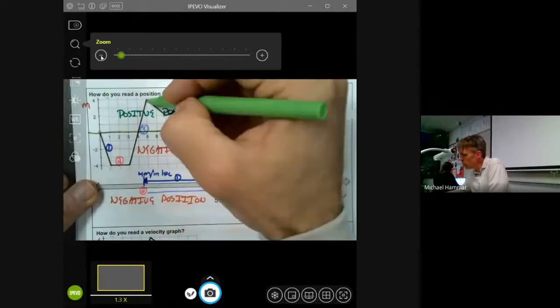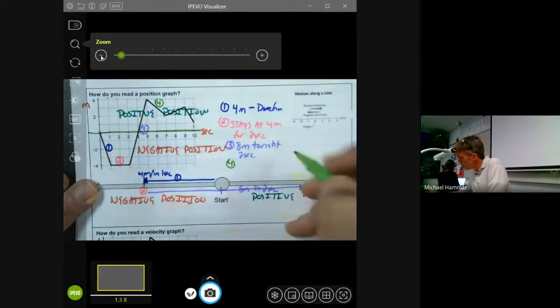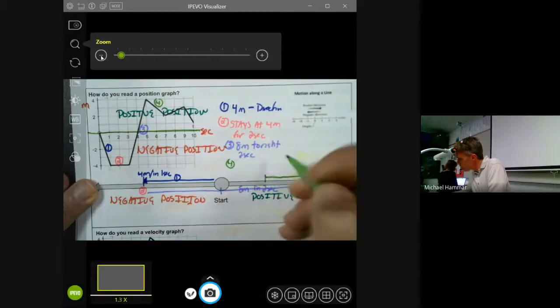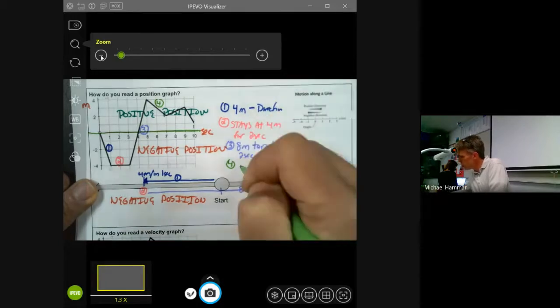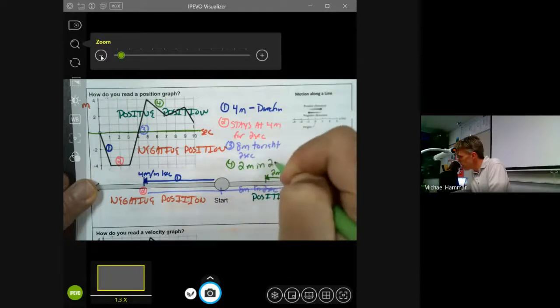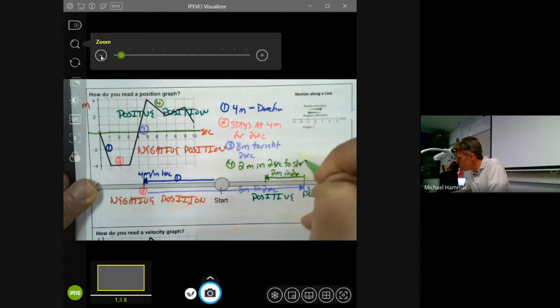That line does. So notice we are getting closer to the start. So we move from here, we move back 2 meters in 2 seconds to the start.